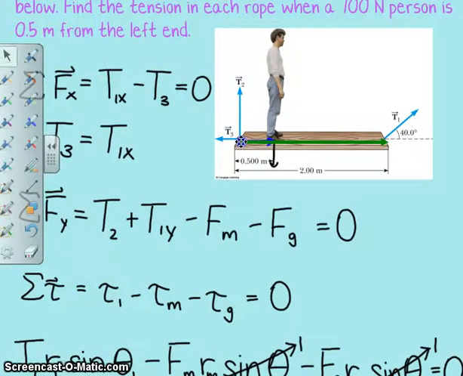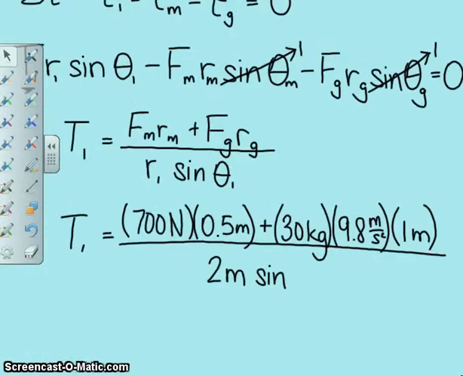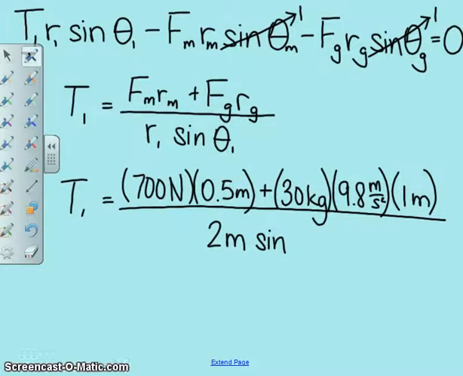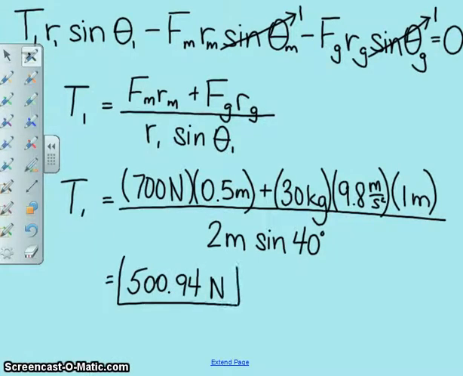And when I move it so that that R vector is tail to tail with T1, I can see the angle between them is 40 degrees. So I will plug in 40 degrees over here, plug that all into my calculator, and I find that T1 is 500.94 newtons. That is one of my 3 values I am looking for.